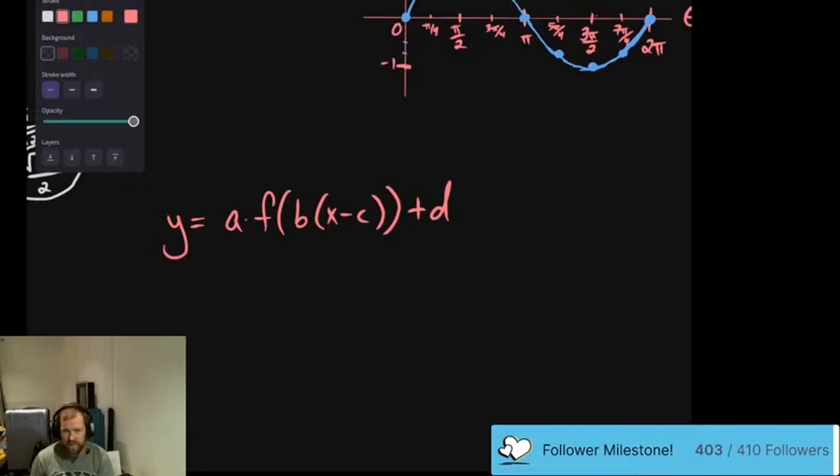These are the basic ones. So we have a linear function on the inside and a linear function on the outside. The linear function on the inside is dealing with our x's, so b times the quantity x minus c. And our linear function on the outside is dealing with the function itself, so a times f plus d.